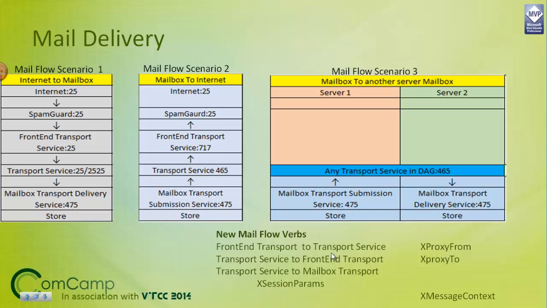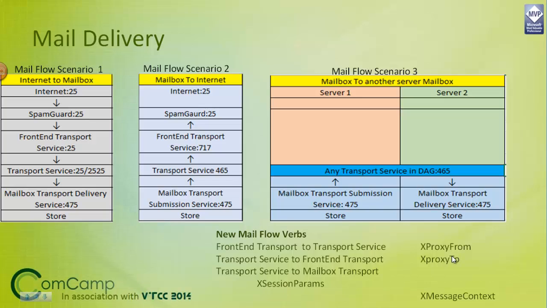When the front-end transport service transfers an email to the transport service, it does X-Proxy. X-Proxy-From and X-Proxy-To carry the info from where the message is coming. It forwards all the info, all the IPs, all the headers, to the transport service.